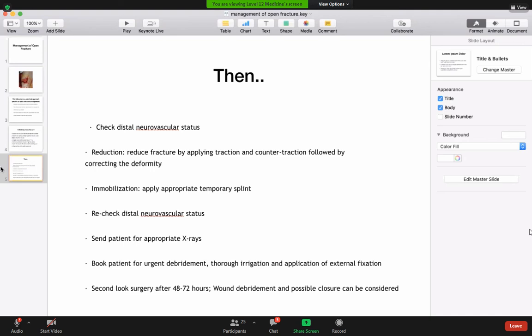We ask these questions. Pain questions you ask, and then you ask about associated symptoms. About fever or local fever, local hyperthermia.